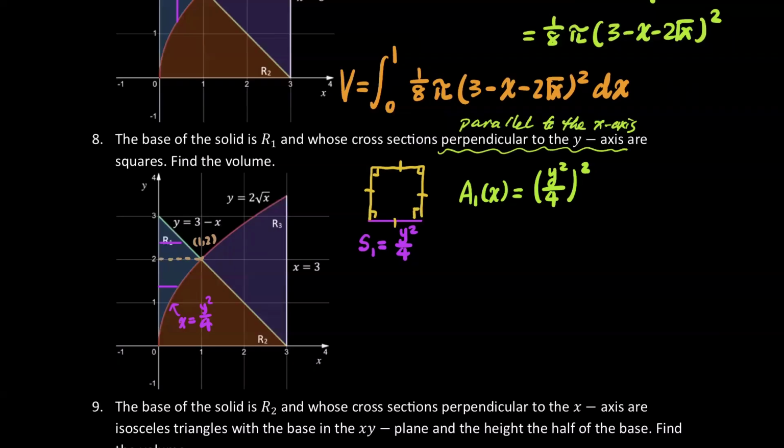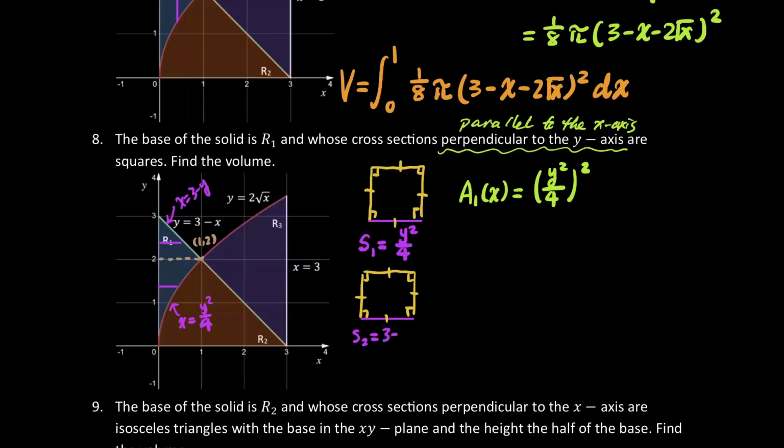And then the upper portion, the length of the side this time is going from the line 3 minus x to the y-axis. So that's 3 minus y.